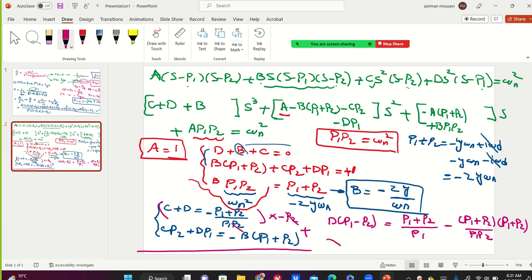So from here you can find D, as something based on P1 and P2. And if you implement here, you can find C. I don't care about the final answer. Okay, you can simplify the whole working. So, these are constant numbers, right? P1 and P2, I mean that we have it.